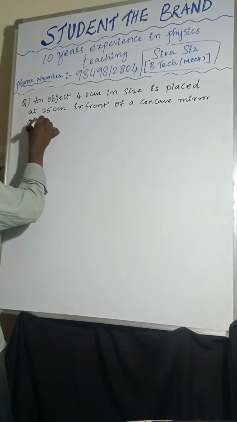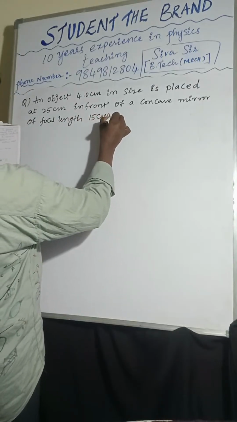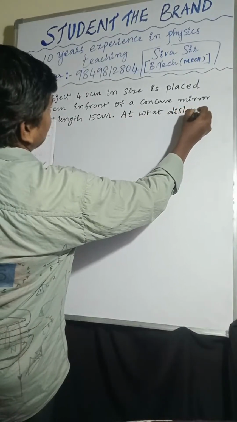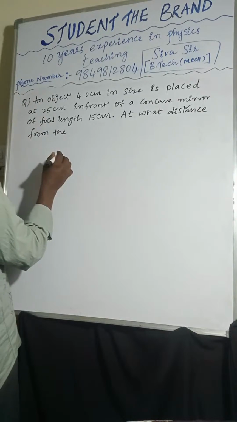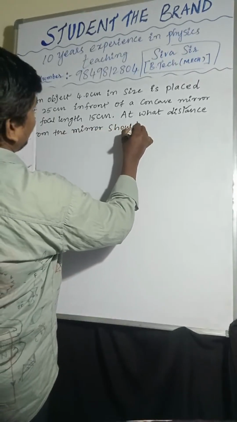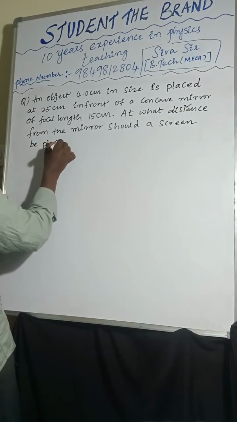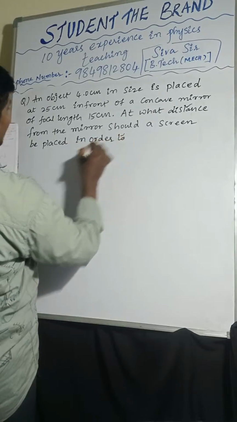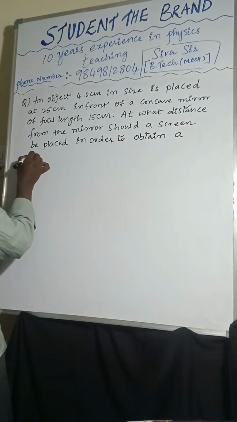The focal length is 15 centimeter. At what distance from the mirror should a screen be placed in order to obtain a sharp image?